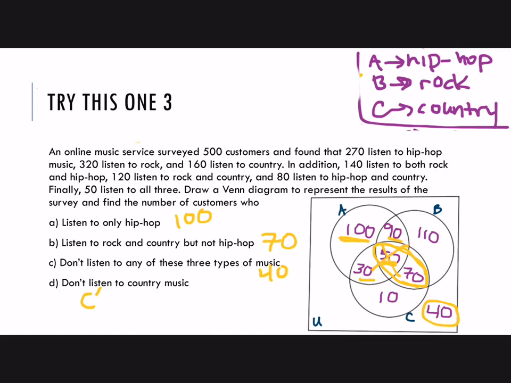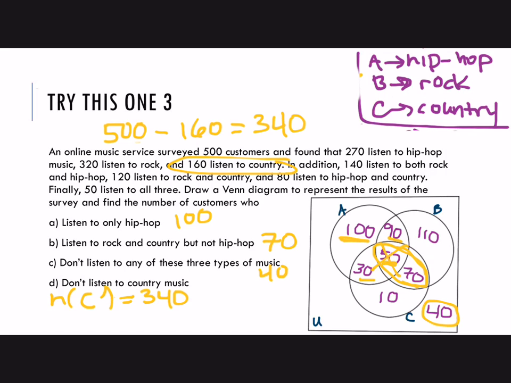All right, so we could add 100, 90, 110, and 40. All right, and that gives you 340. A second option would be to take the total number of people, 500, and subtract away people who listen to country. Subtract 160. And then you still also get 340.